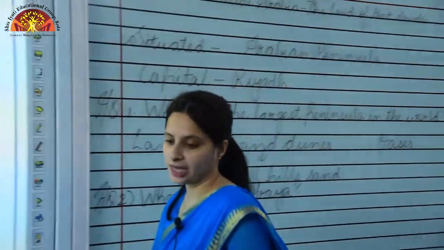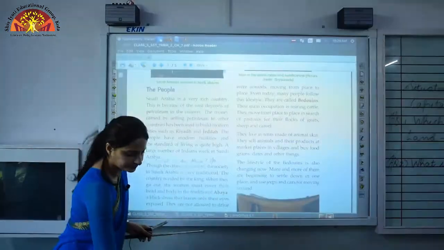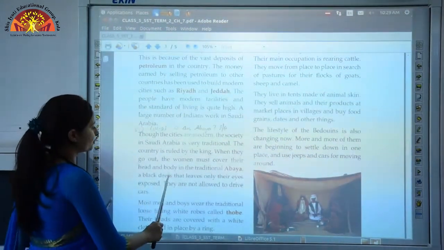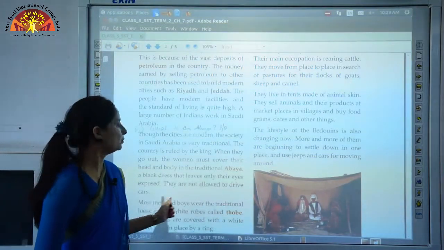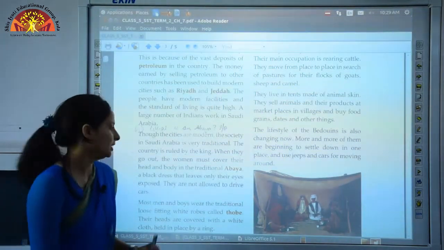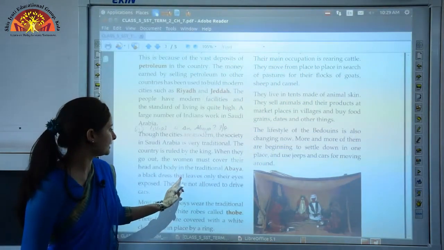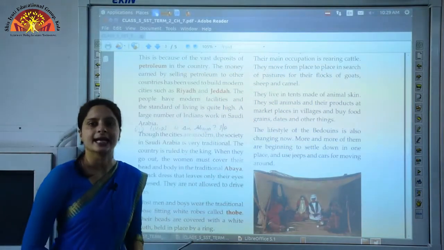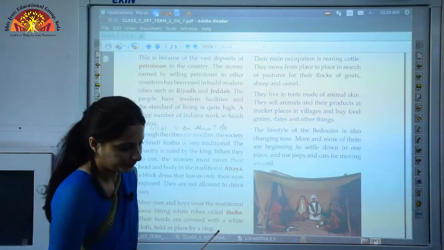And you can mark the answer over here: it is a black dress that is worn by women that leaves only their eyes exposed. A black dress that is worn by the women which leaves only their eyes exposed. So this is internal question number 2.